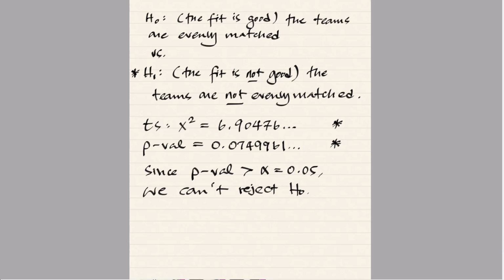So on a practical level, what does that mean? Well, it means that we can't conclude that the teams are not evenly matched. That's always the best way to say it. We don't accept the null because we're assuming it true as part of the process. So we can fail to reject, in which case we would say it as we did.